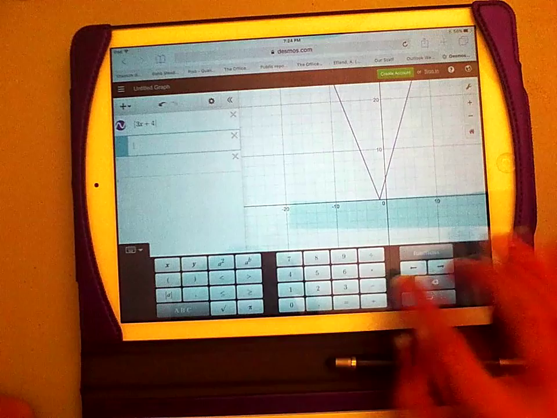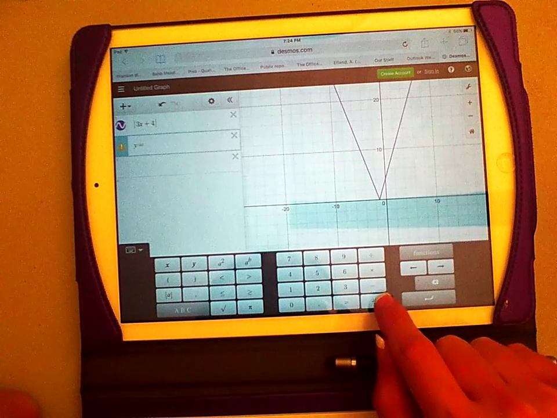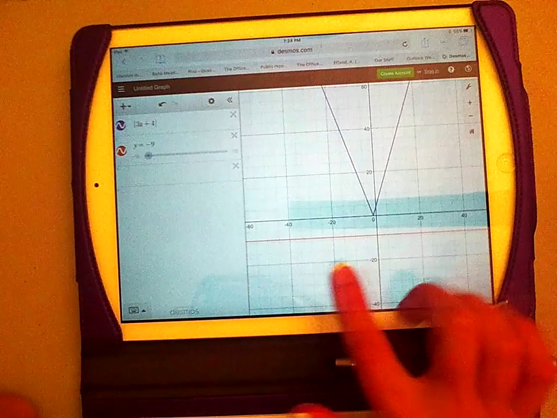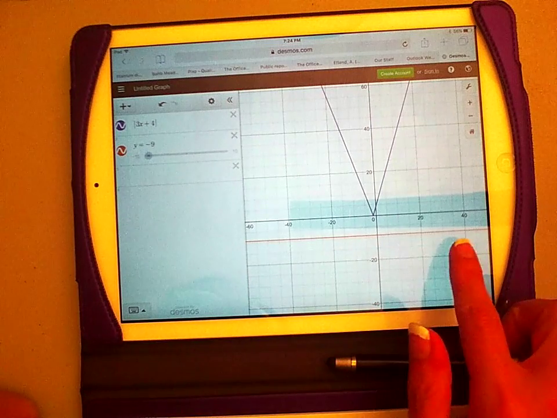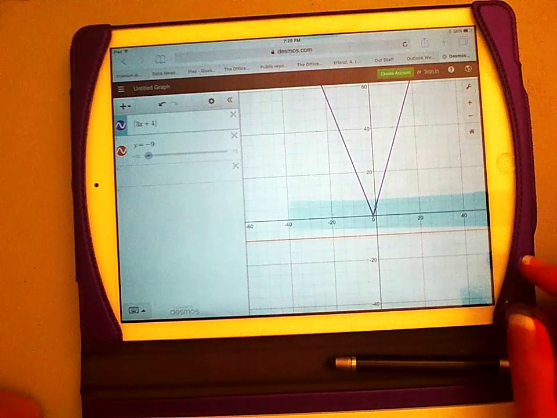I think I have to put that in as y equals -9. Yeah, there we go. So there's the horizontal line y equals -9. Here's our left-hand side of the equation.